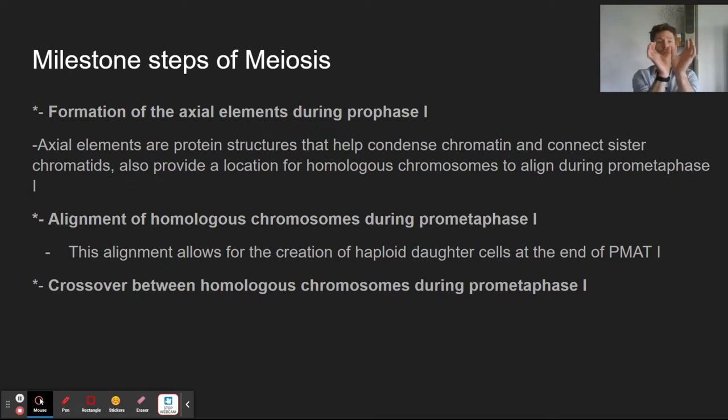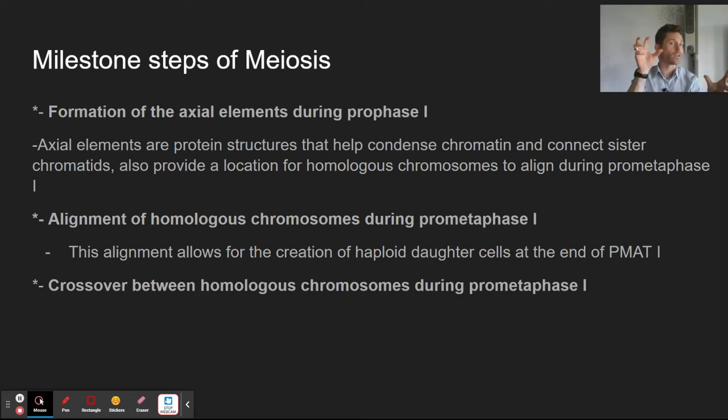The homologous chromosomes with their sister chromatids respectively get pulled apart together, and then they get lined up on the edges. Whereas in mitosis, you just had the sister chromatids get pulled apart and put to each side. Because we're moving the entire homologous chromosome set like this, that's what's allowing for the generation of a haploid daughter cell.